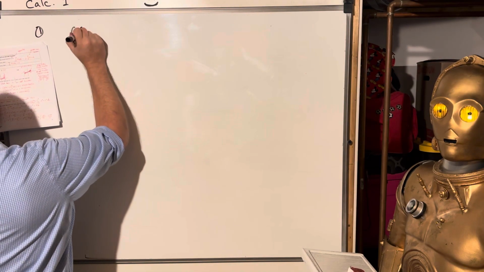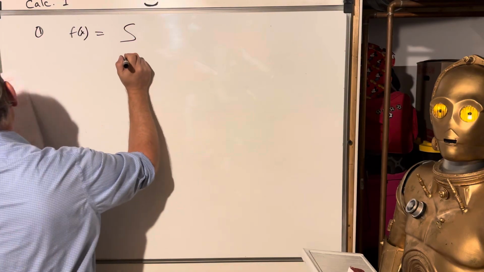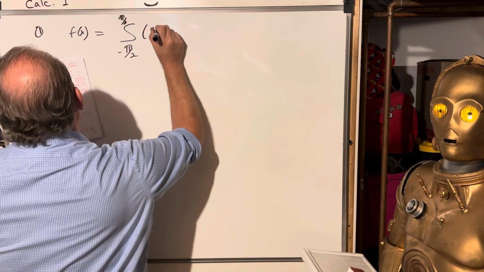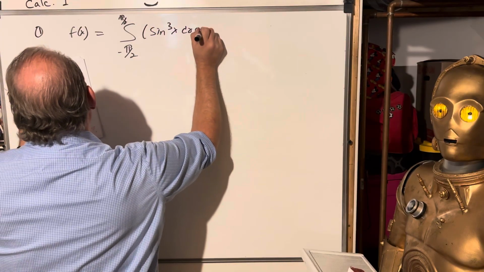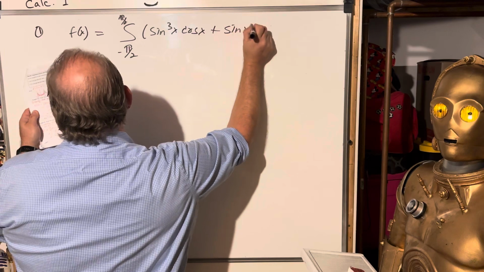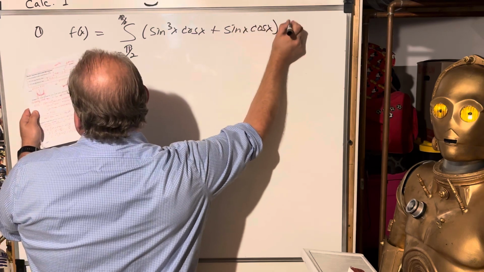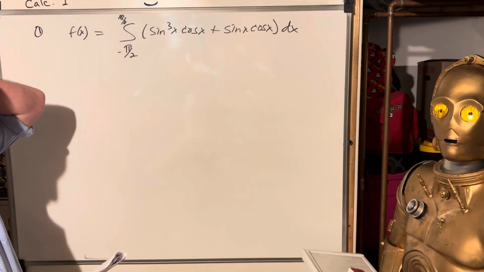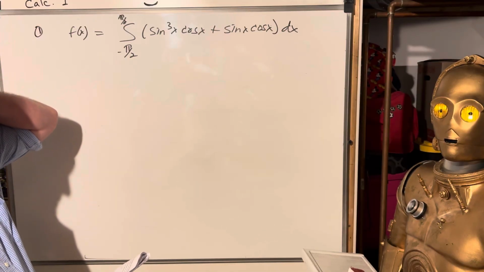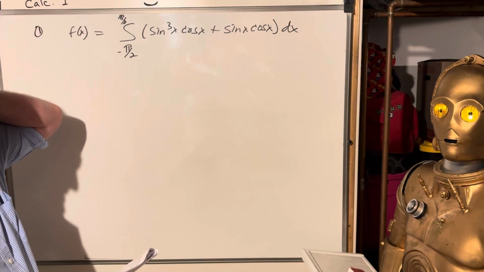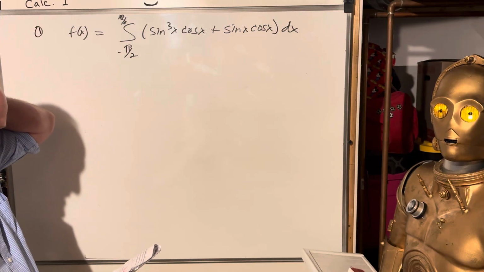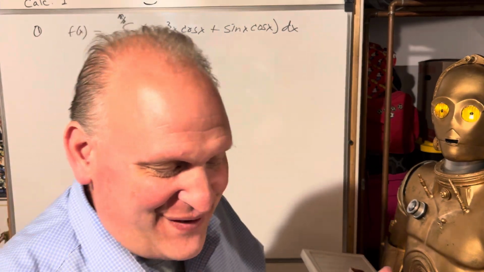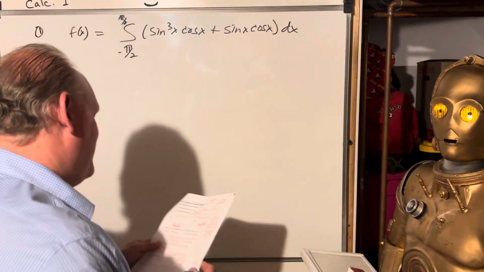We have f of x is equal to the integral from negative pi over 2 to pi over 2 of sine cubed x cosine x plus x cosine x dx. Okay. We're not going to integrate this. That's a calc 2 thing, but we can verify that it's an odd function by just popping in a negative.